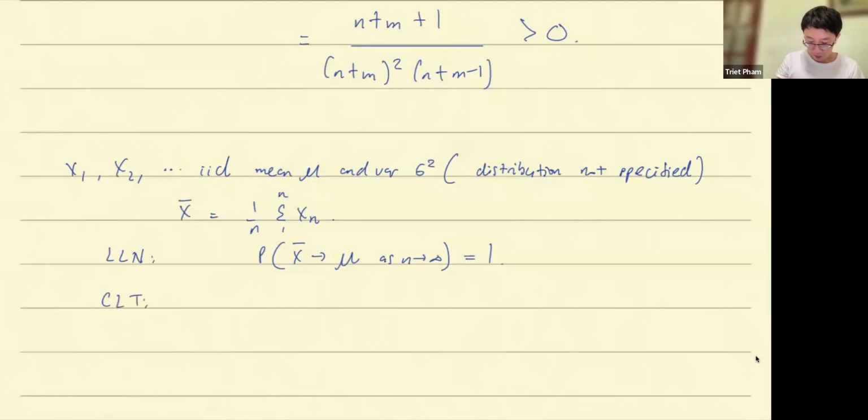The central limit theorem will tell you the value of the sample average, or rather how far the error will be.